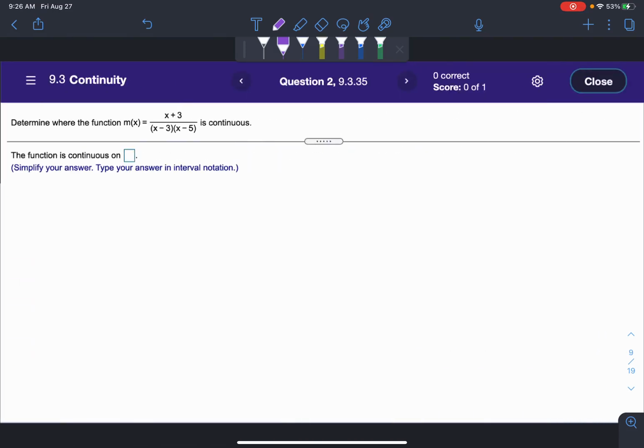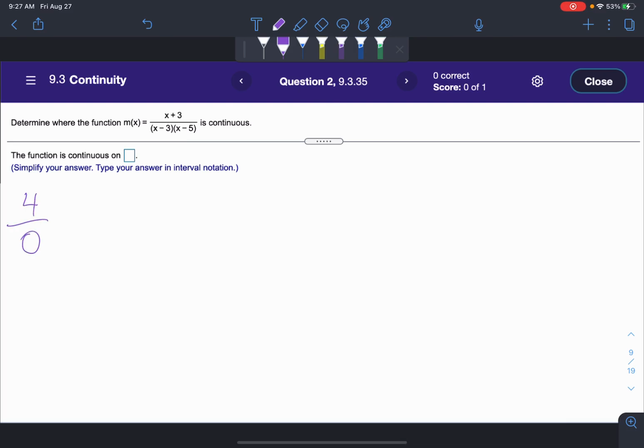Okay, so here we have a rational function. A rational function just means that we have something in the numerator and then something in the denominator. Kind of looks like a fraction. So when we see rational functions, we have to be a little cautious because what do we know about fractions? We can't divide by 0, right?